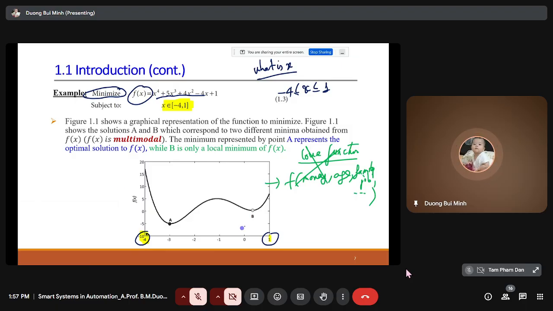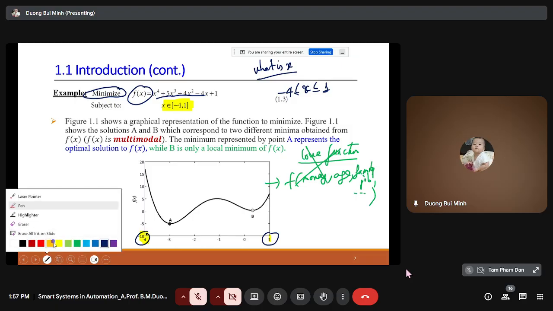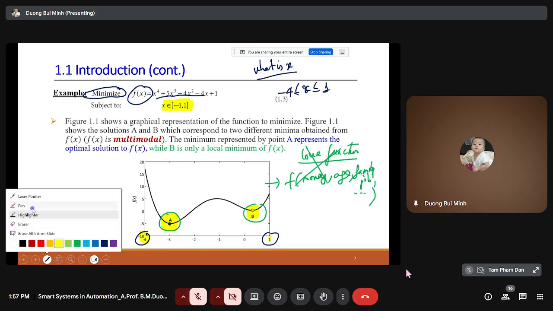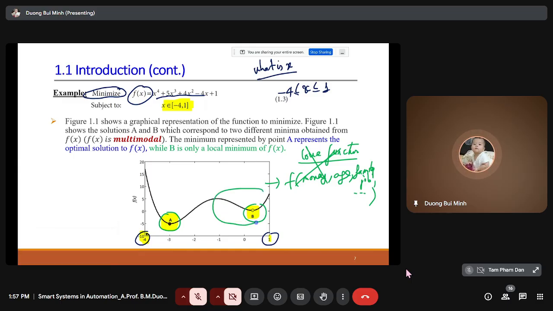If you observe the waveform, we have two points, point A and point B. Remember, we hope we can get point A because this is the minimum point, not B. Of course, B is the minimum of this region, but not the lowest point. The lowest point will be here.